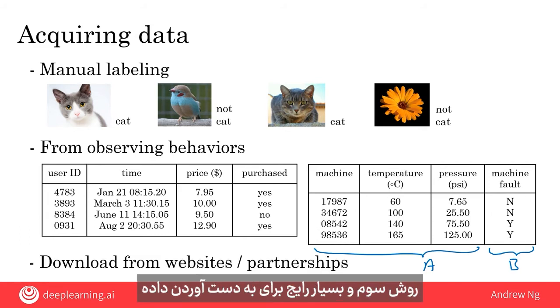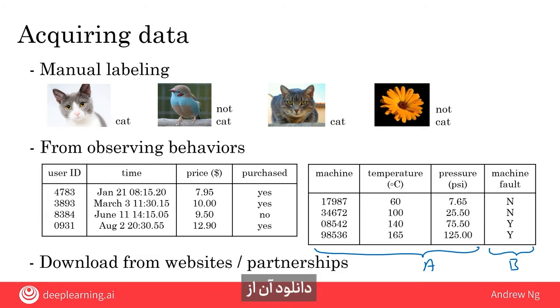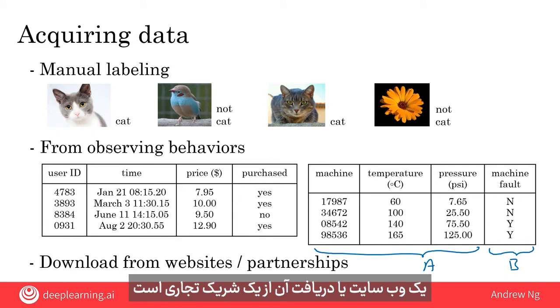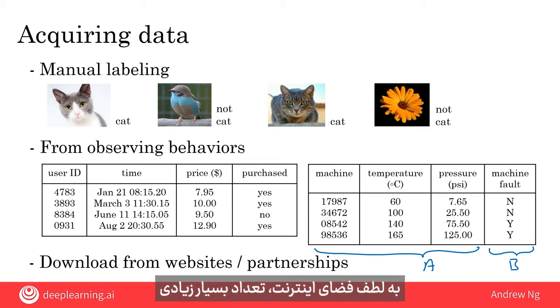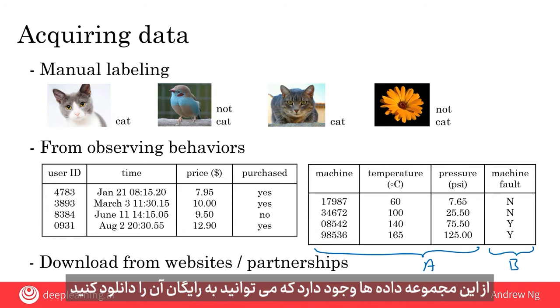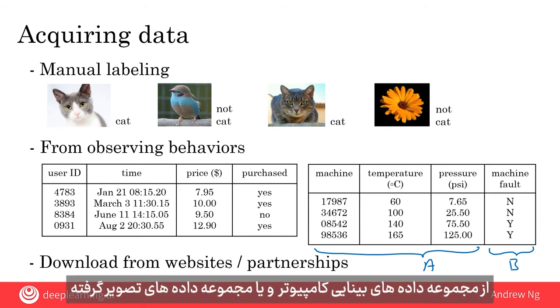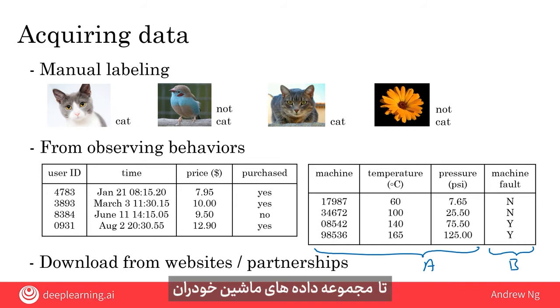The third and very common way of acquiring data is to download it from a website or to get it from a partner. Thanks to the open internet, there's just so many data sets that you can download freely, ranging from computer vision or image data sets to self-driving car data sets to speech recognition data sets to medical imaging data sets to many, many more.